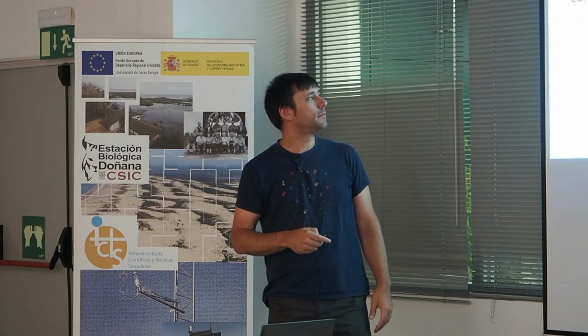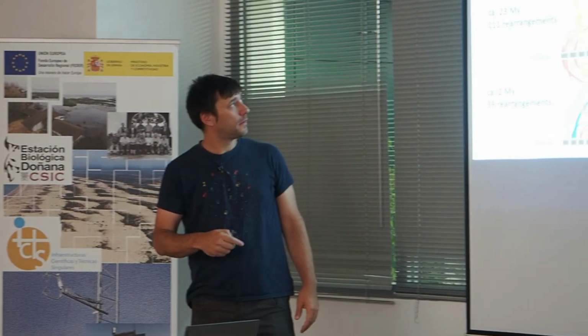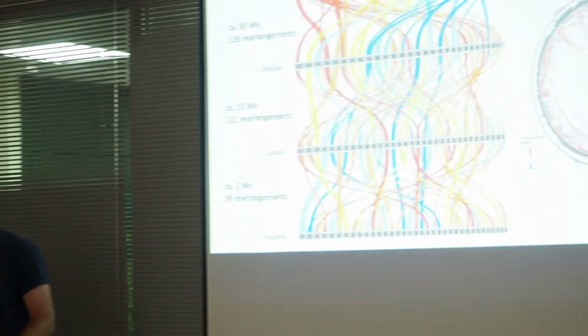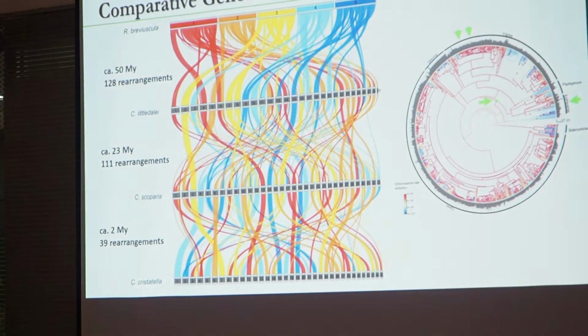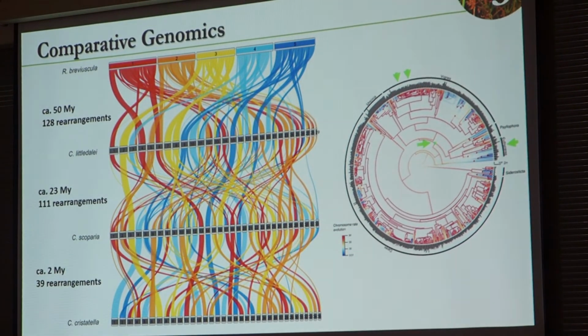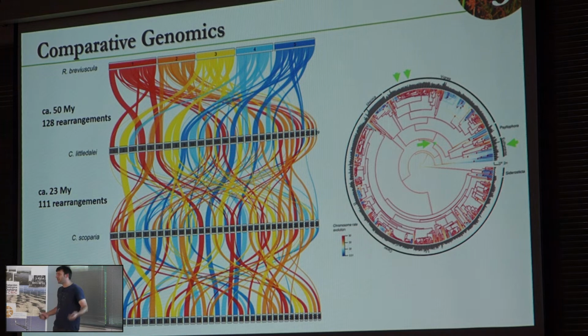Okay, so, despite this high amount of chromosomal fission, we kind of expect, given the case, we see a very conserved synteny. So there are chromosomes that didn't change across more than 20 million years of evolution.